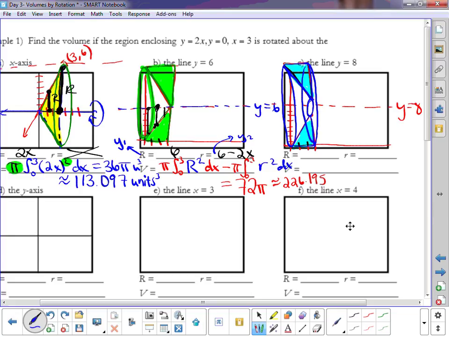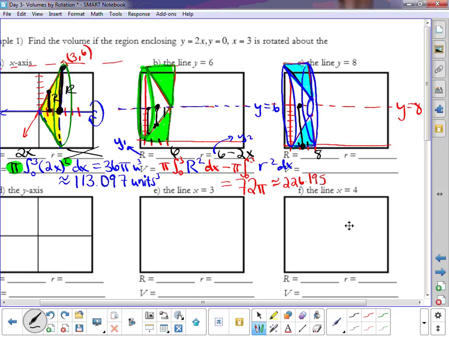Okay, so let's go ahead and establish our big radius. Always go from your axis of revolution to the outer edge of your original region. What's my big radius going to be? Good, a solid 8. It does not change. All the way along, my outside edge stays the same at 8.